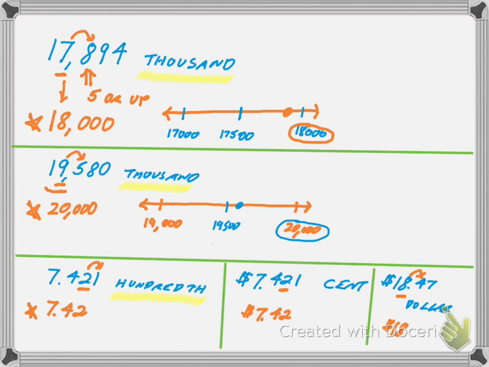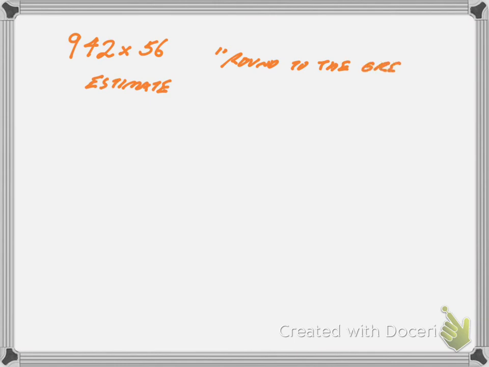So why is all this important? Well, we want to be able to estimate. My final thoughts are, what if we have something like 942 times 56? I just want to know what that's close to, and I want to make an estimate of this. So what I'm going to do is round to the greatest place.